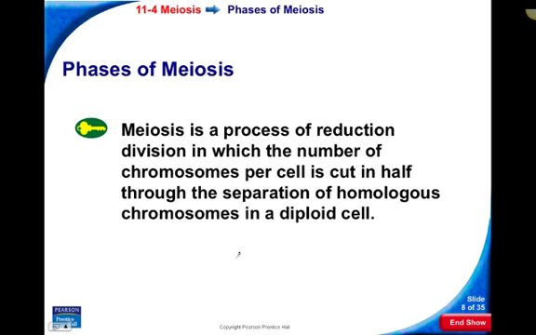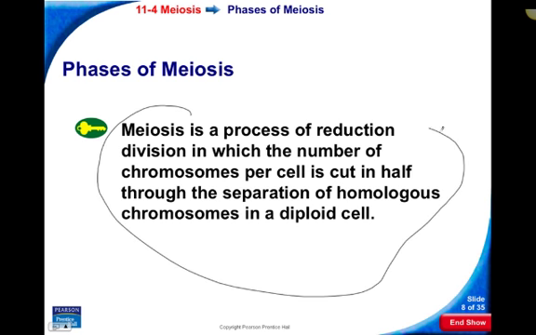This is the definition for what we're going to do for meiosis. Meiosis is a process of reduction division in which the number of chromosomes per cell is cut in half through the separation of homologous chromosomes in a diploid cell. I know it's a big definition, but we're going to go through it step by step so you'll understand it.